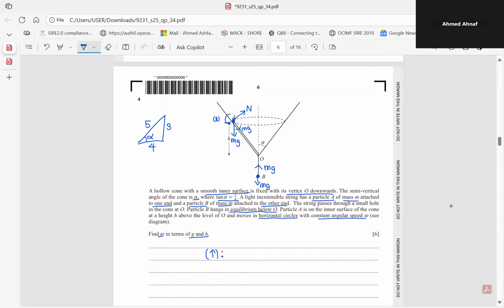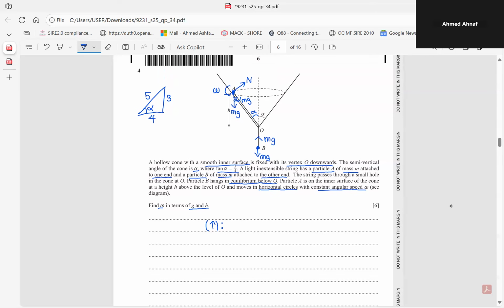So we have mg, and don't forget we also have the vertical component of tension. The angle here is alpha because the angle here is also alpha. So the vertical component will be mg cosine alpha.